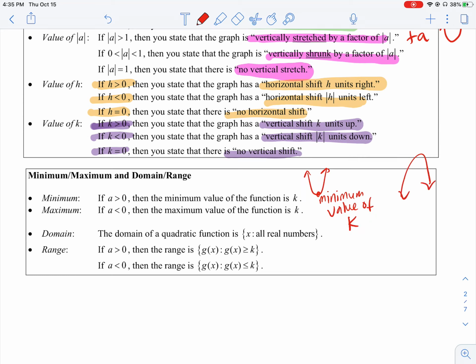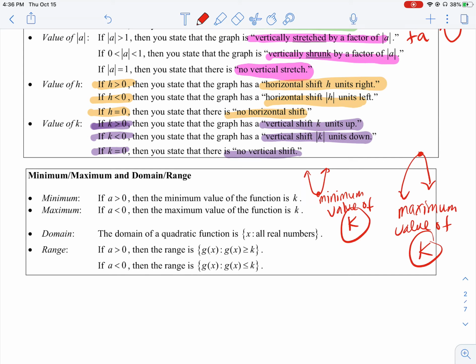If my graph is facing down, I have a maximum value of whatever the K is. Because remember, (h, k) is the vertex. And when we say maximum and minimum, we're looking only at the K value of it, or the y of the vertex.